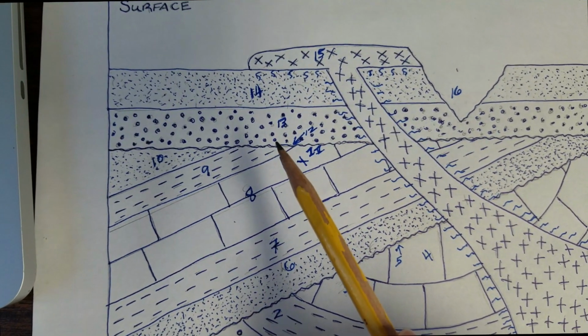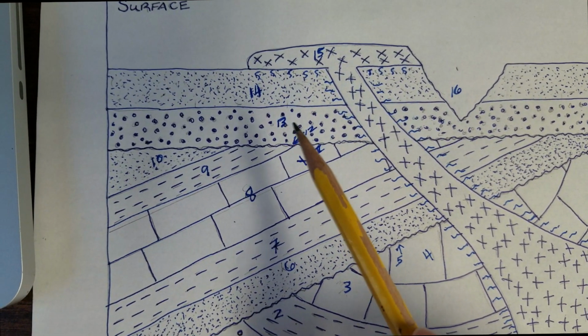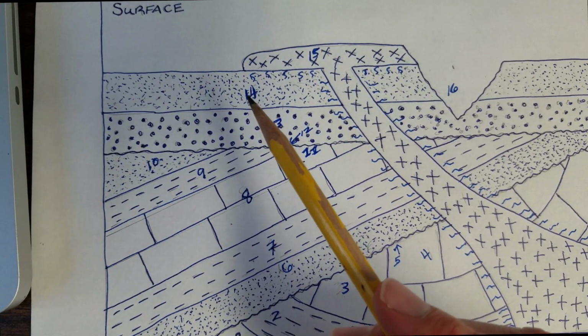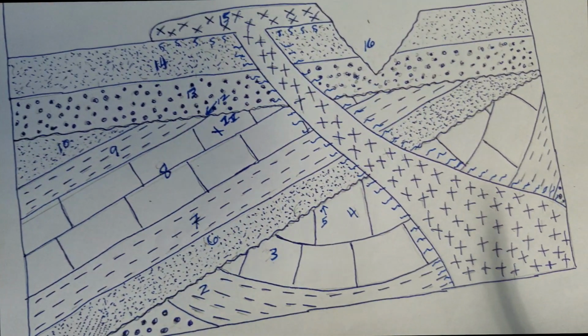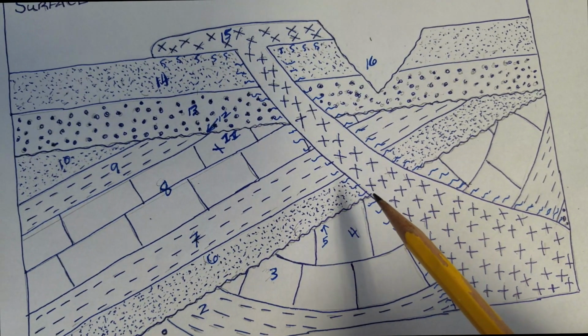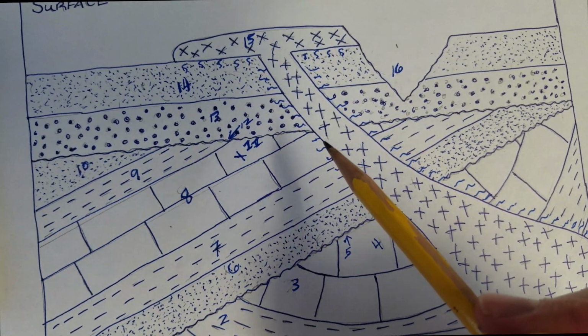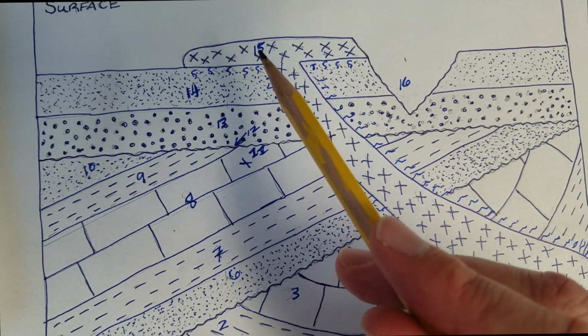Moving up to number 13, we have the formation of a coarse-grained sandstone, and fining upwards to 14, a fine-grained sandstone. And then we have an igneous intrusion happening, moving across all of these layers and doing some work along those layers. And it's becoming an extrusion here, number 15.